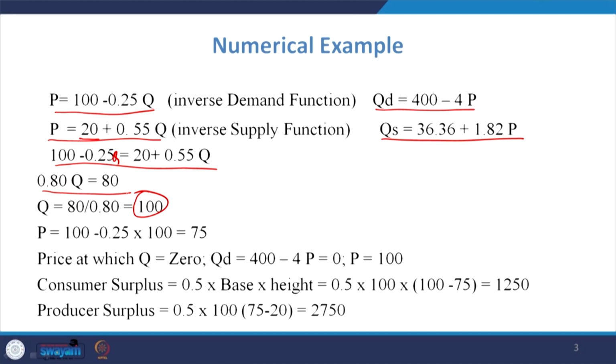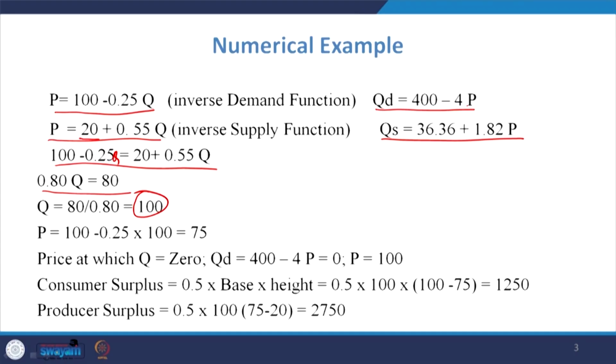So, if you take this price function, or either this QD function, for example, QD is 400 minus 4P, and if you put 75, P is 75. So, 400 minus 4 into 75.